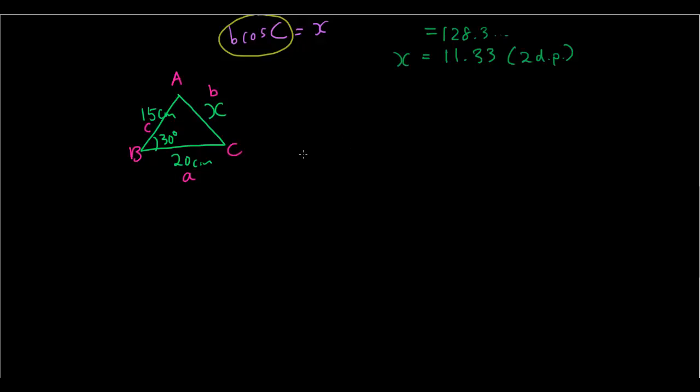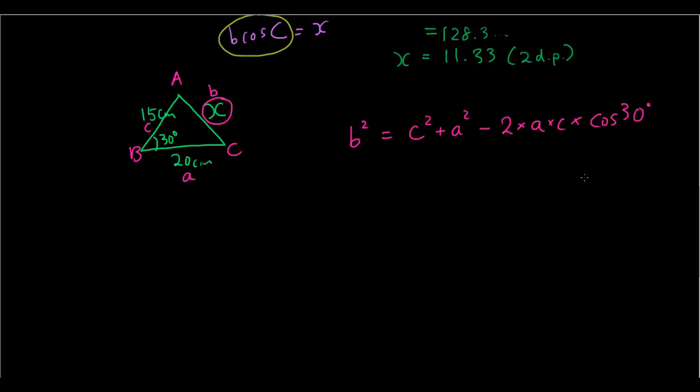Notice how whatever variable you have here, you write that variable squared is equal to the sum of these two other variables squared, c squared plus a squared, minus 2 times the product of these two sides, a times c times cosine the angle inside.